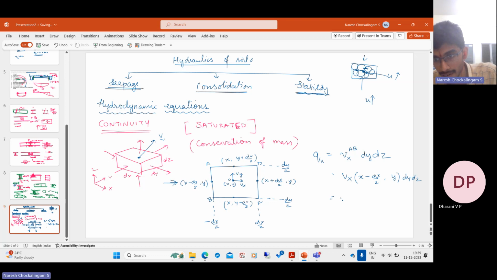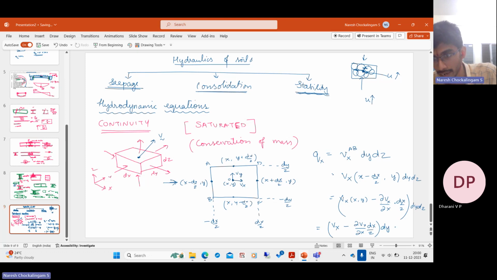But this is nothing but Vx of x comma y minus, using Taylor series, partial dVx with respect to x times dx by 2, entire thing multiplied by dy dz. So this is just Vx minus partial Vx by partial x, dx by 2, dy dz.